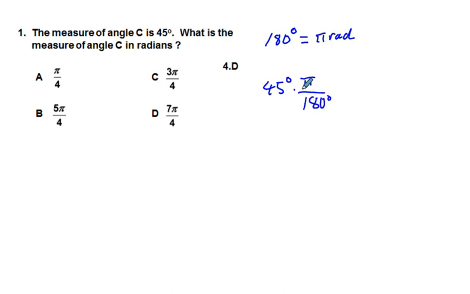Now, how do we know that we divide by 180 instead of multiply? Because we have to set up the proportion so as to cancel out the degrees. We do that, we get 45/180 times pi, and 45/180 simplifies to 1/4 of pi, or pi over 4.